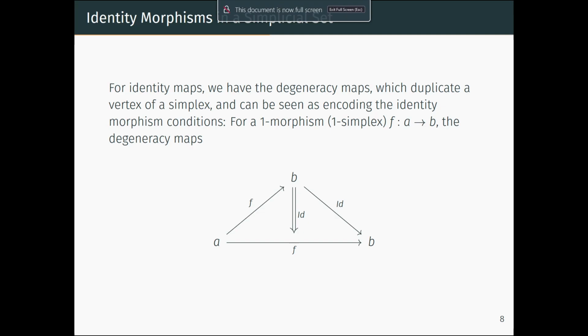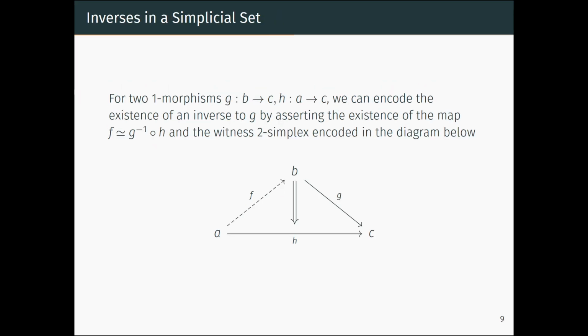So we have composition and identity kind of with these conditions, and we also want to talk about inverses. And so this just turned out to be asking for another one of these diagrams to have a third edge in a two simplex.